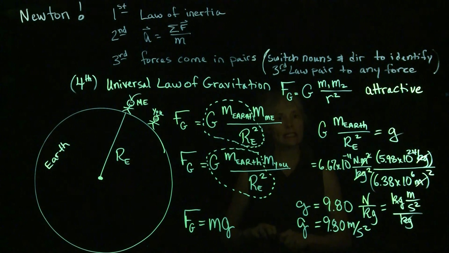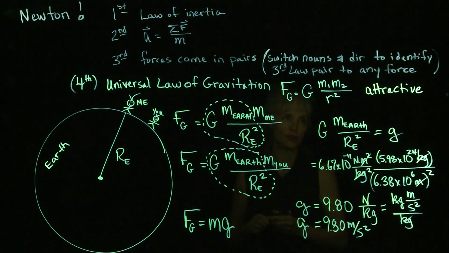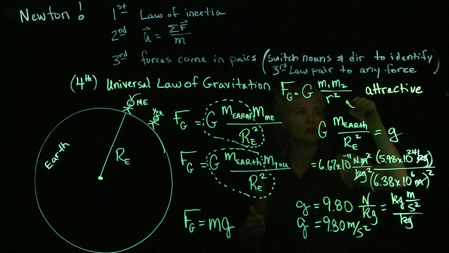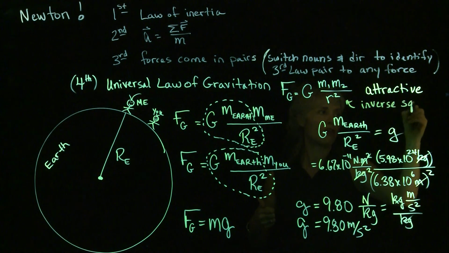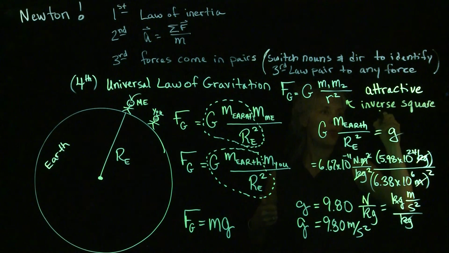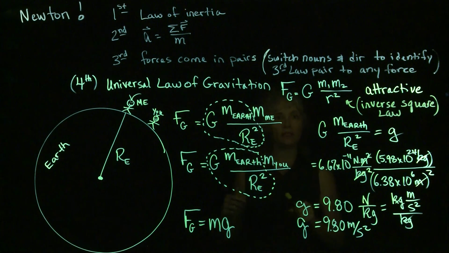The other thing I'd like to say as far as the universal law of gravitation goes, is that this form of an equation is known as an inverse square law. Okay? Why is that? Well, it's because the magnitude of the force cares about the inverse square of the distance.